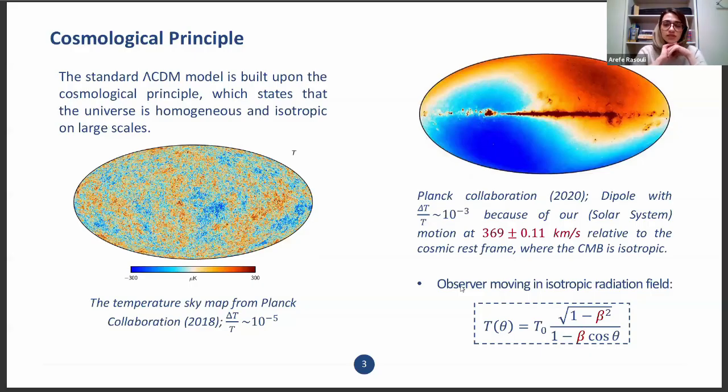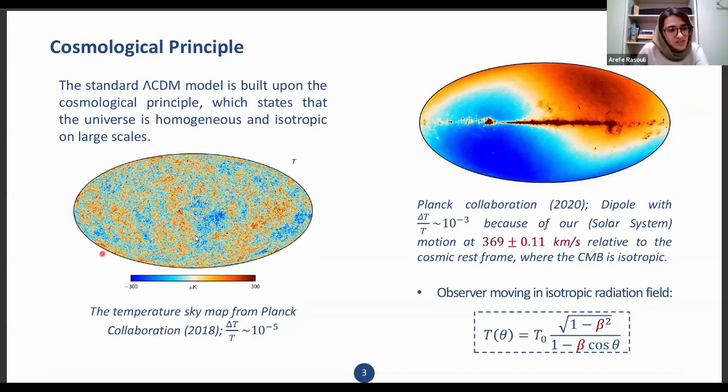I start with the cosmological principle, which is based on the fact that the universe is homogeneous and isotropic on sufficiently large scales. As we can see in this left map, which is the temperature as seen by an observer in the CMB's rest frame, but we are in motion with respect to this rest frame, so we will see the right map with a dipole in it. Based on this dipole and using the relativistic Doppler effect, we can compute our velocity, which is approximately 369 kilometers per second.